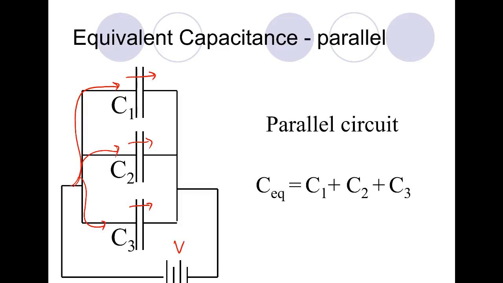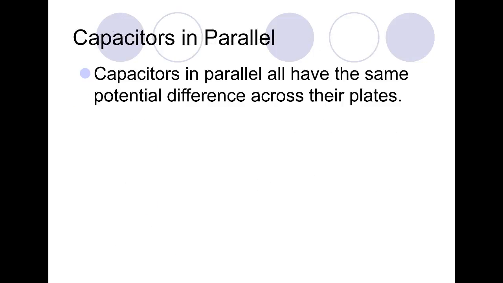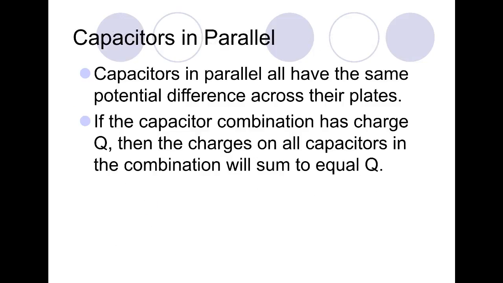So then we can say that if the combination of capacitors has charge Q, then all of them add up to equal Q. Okay, so in other words, Q1 for C1 plus Q2 for C2 plus Q3 for C3 will equal Q total.